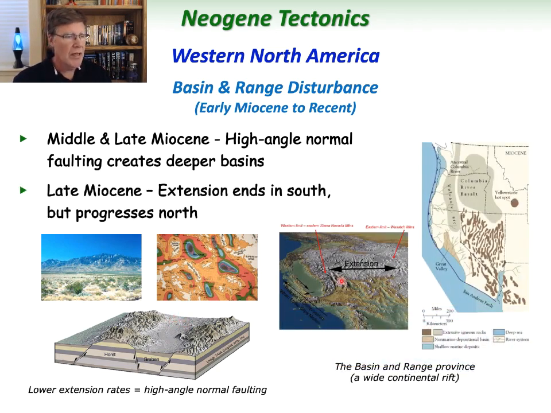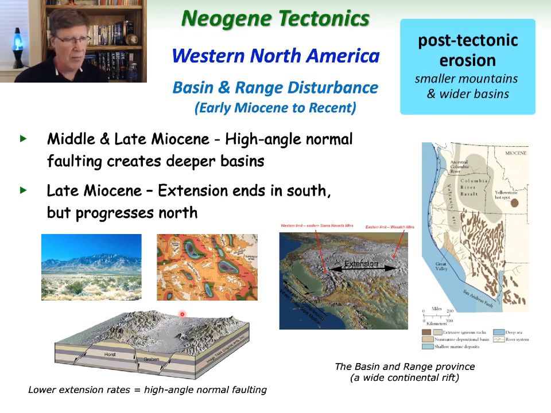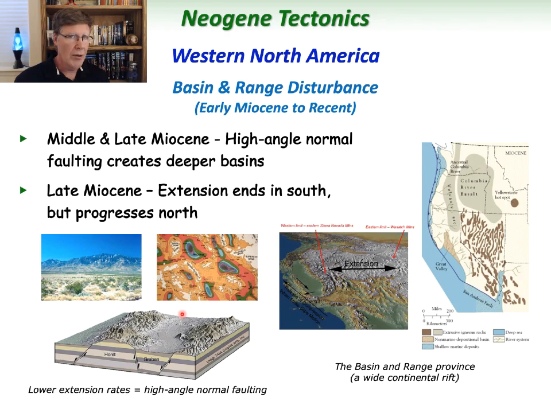In the late Miocene, this extension starts to drop off in the south, but in the north it progresses. So at about 8 million years ago is when we see extension like this end in Arizona. So no more active tectonics, and so the mountains have been eroding for the last 8 million years. So the mountains have been getting smaller and the basins have been getting wider.